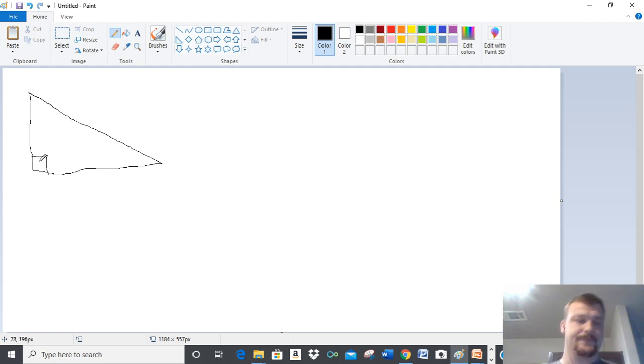Alright, so here's a little right angle that tells us it's a right triangle, and remember, always opposite of it is the hypotenuse, aka the longest side. I'm not going to write out the whole word side because I'm lazy like that.